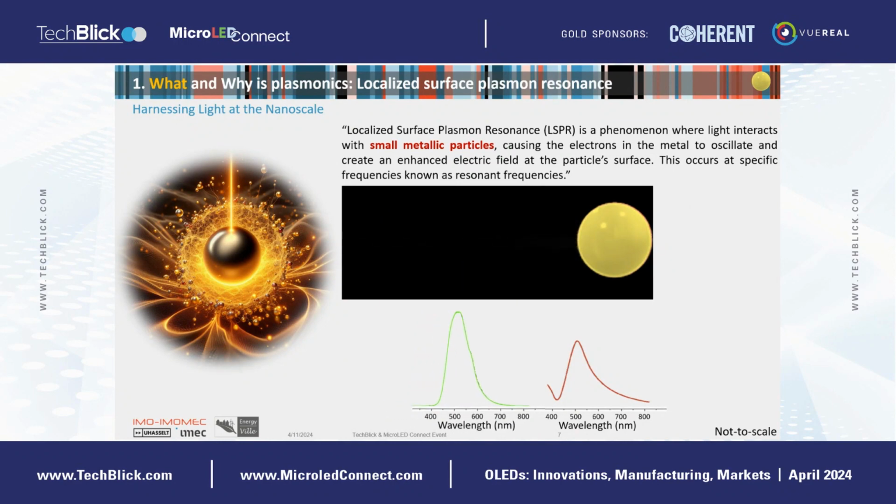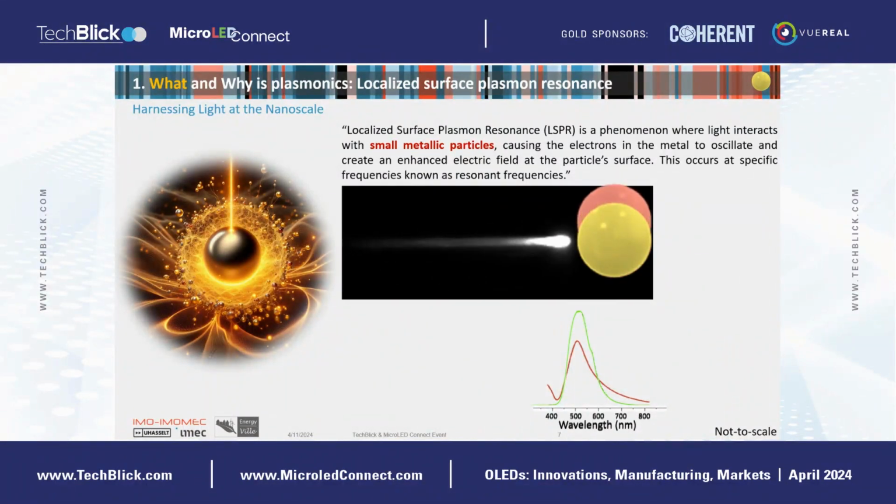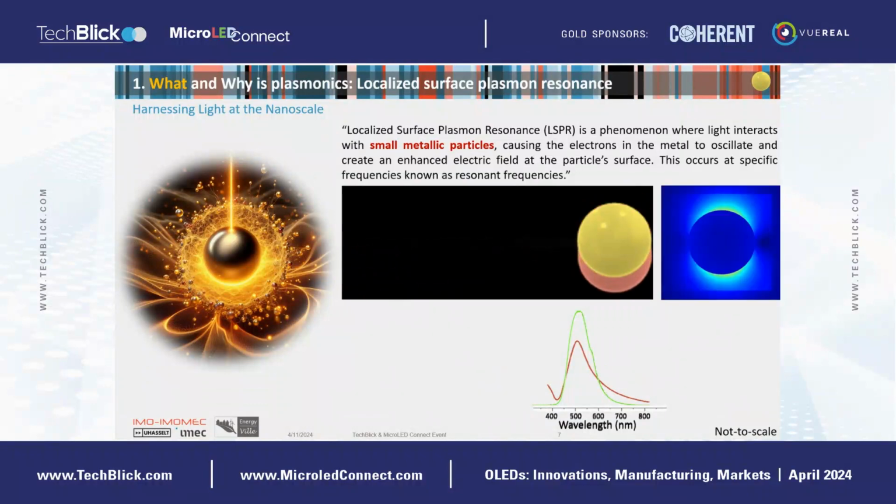If it matches with the natural frequency of oscillation of the metal nanoparticle, we'll have spectral overlap. When there is a spectral overlap, then the oscillation of the conduction-free electrons increases, and we call it resonance. This will give intense near field enhancement over the plasmonic nanoparticles. This near field, we can use it for various applications in OLEDs.